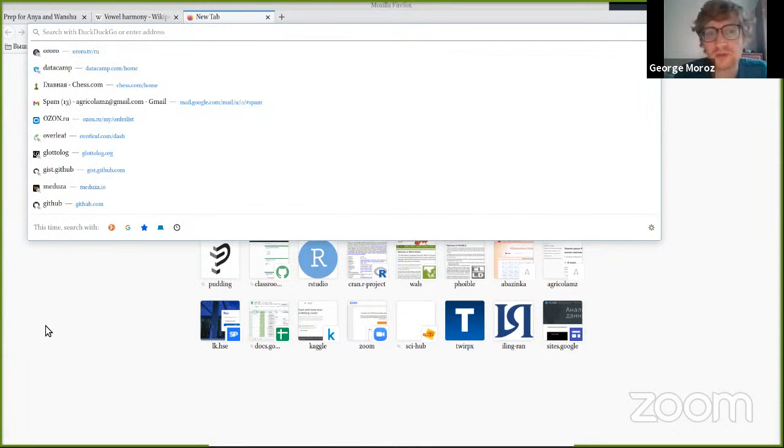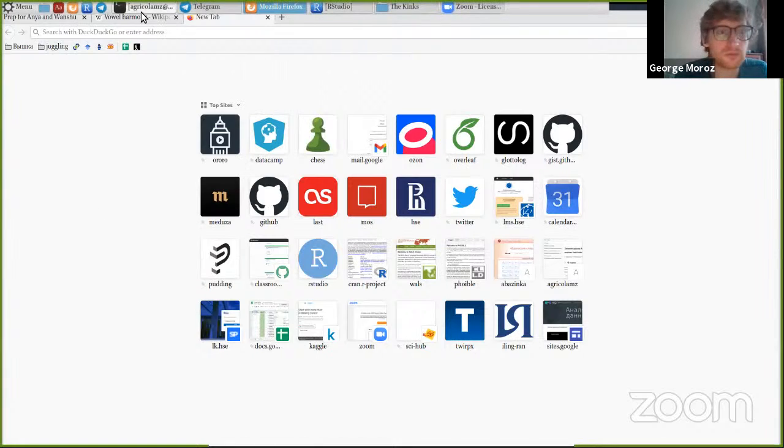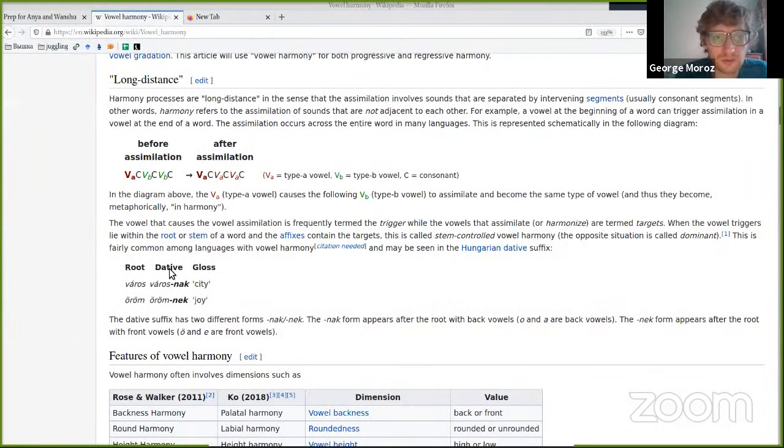In Hungarian, we have a rule: it's impossible to have a root with back vowels combined with front vowels, for instance. It's not the case for Nakh-Daghestanian languages, since all of them probably have all kinds of combinations.